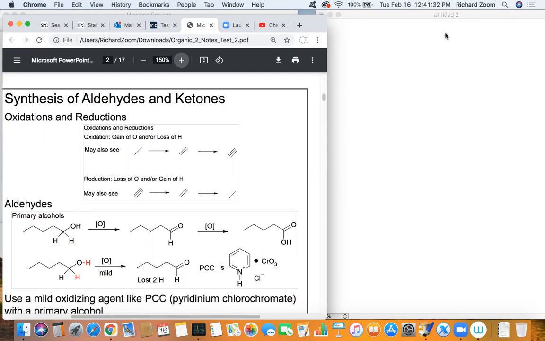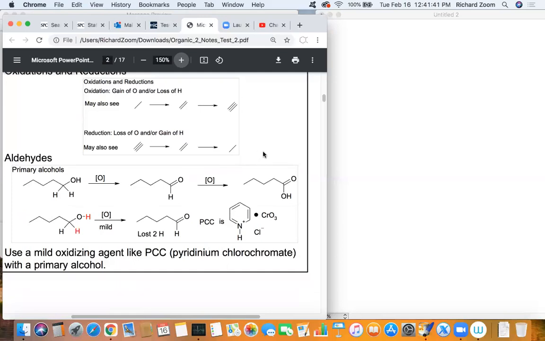We're going to start out with oxidations here, and oxidations specifically of aldehydes. Now, aldehydes can be made, because they're on the end, remember, pretty much from primary alcohols. That is, alcohols where the OH is on the end of the chain. There's an oxidative process that we can do, and that's what the O in the square brackets is.